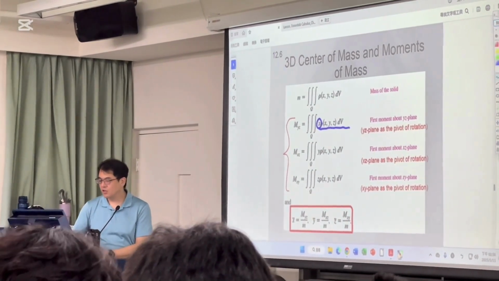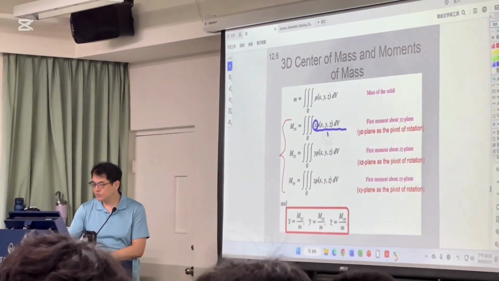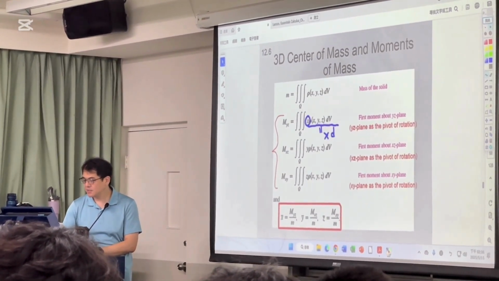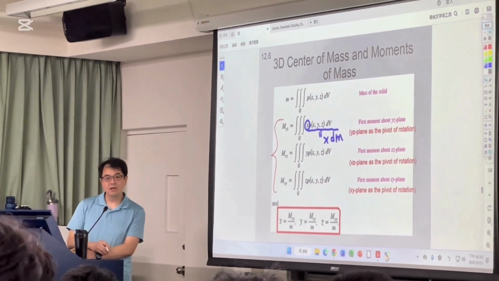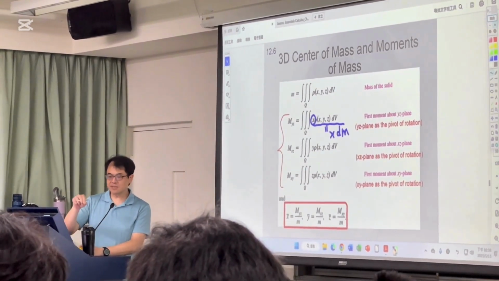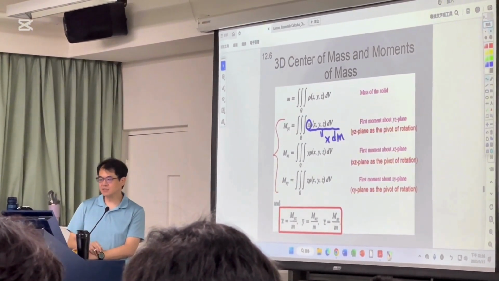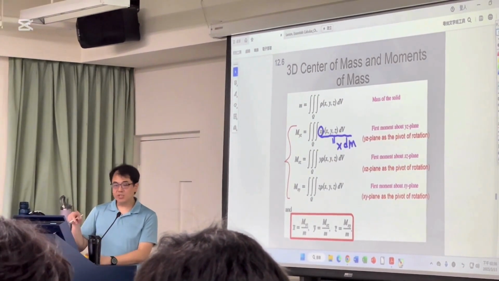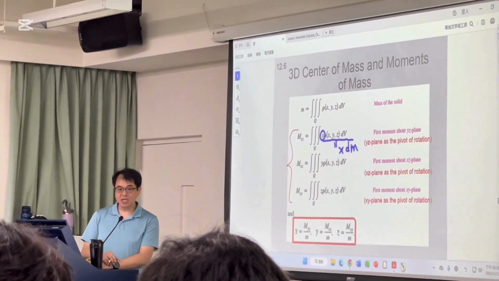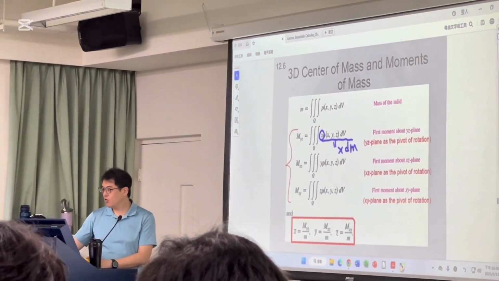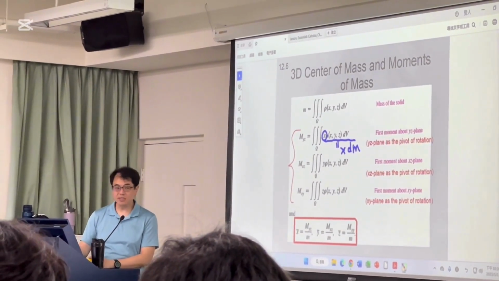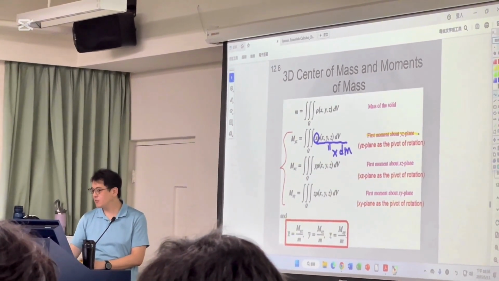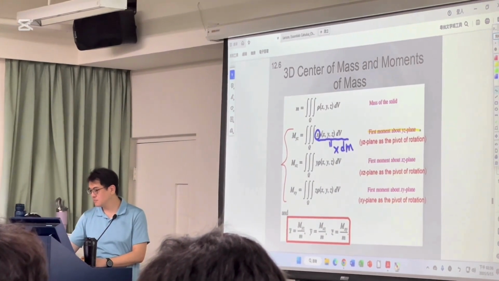Okay? So here this is equivalent to x weighted by the submass. Take the x position times the mass. It will be equivalent to each. If you take the sum, it will be what we call the moment of mass, or the first moment of mass, about the yz plane.